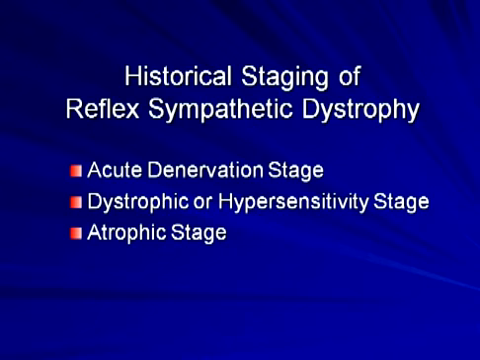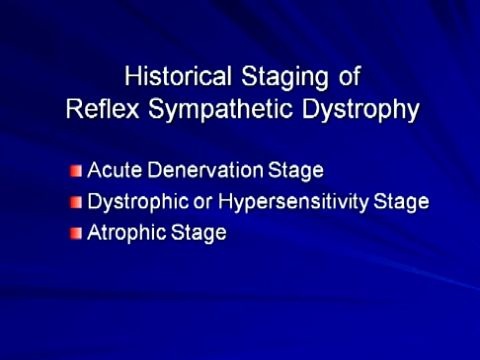The dystrophic or hypersensitivity stage was the next stage, and that was thought to occur from about 6 months to a couple of years, where the extremity wasted and you had demineralization of the bone, and it was not being used by patients because of the pain, and there was a hypersensitivity of the extremity. You touch the arm and they jump and scream and tell you how painful it was to just light touch.